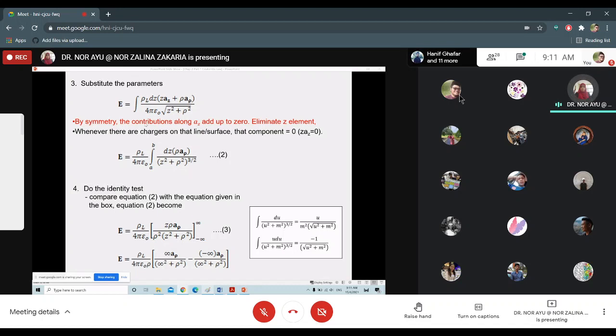The next step is that you need to solve these equations over here. Okay, then by looking at this, in here by symmetry, the contributions along AZ add up to 0. Okay, so it eliminates Z elements.